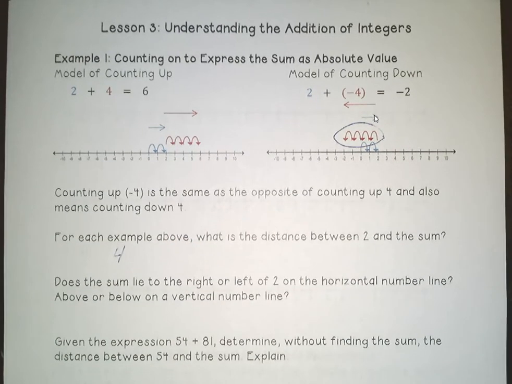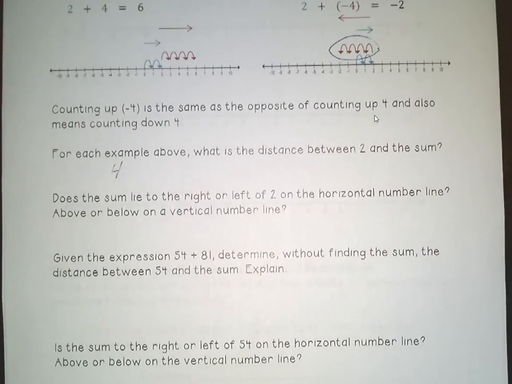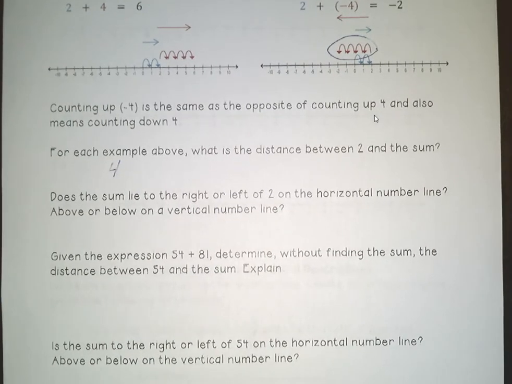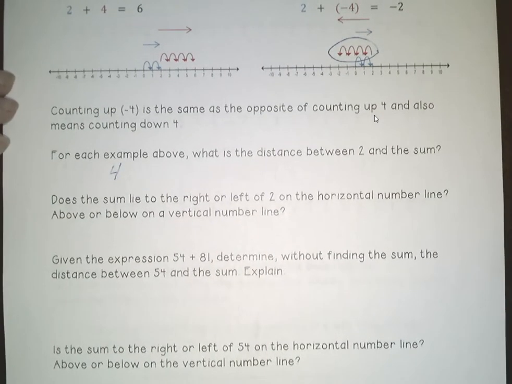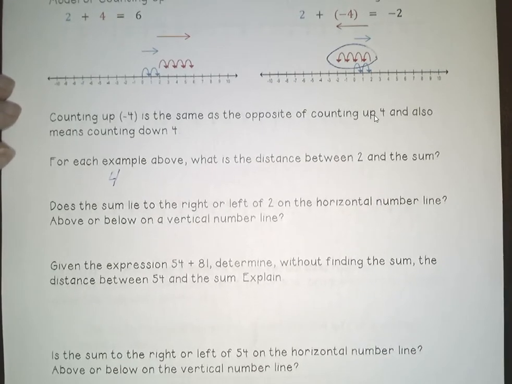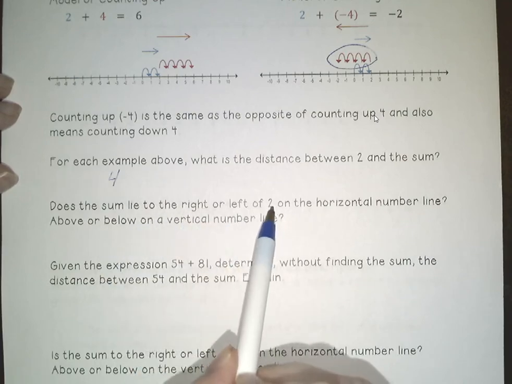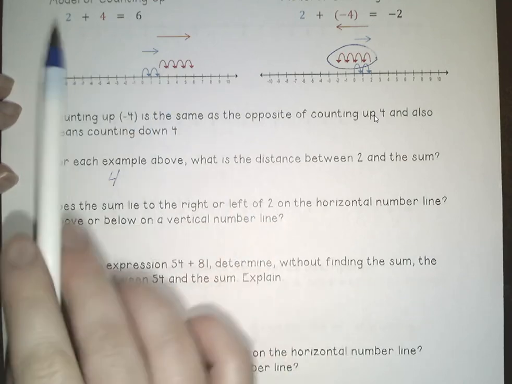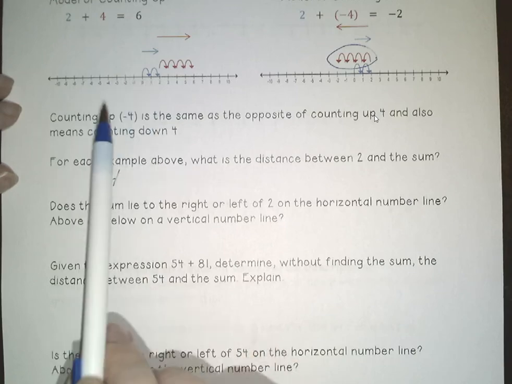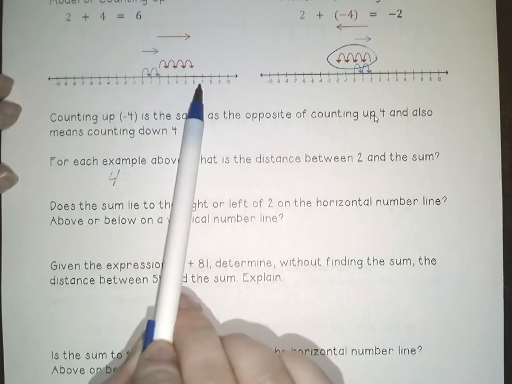Does the sum lie to the right or left of 2 on the horizontal number line? Above or below on the vertical number line? So on our counting up model, the sum lies to the right of 2.